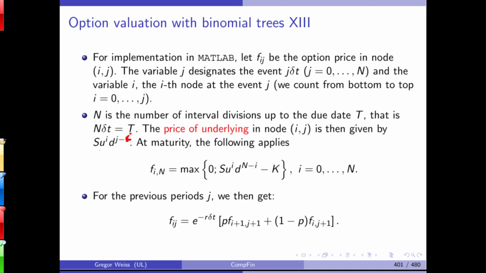We take the maximum for the plain vanilla call of 0 and the final stock price minus the strike. And for previous periods j, we get F_ij is equal to the cash flows that come right after this node, averaged using the probabilities p and 1 minus p, and then continuously discounted with r.